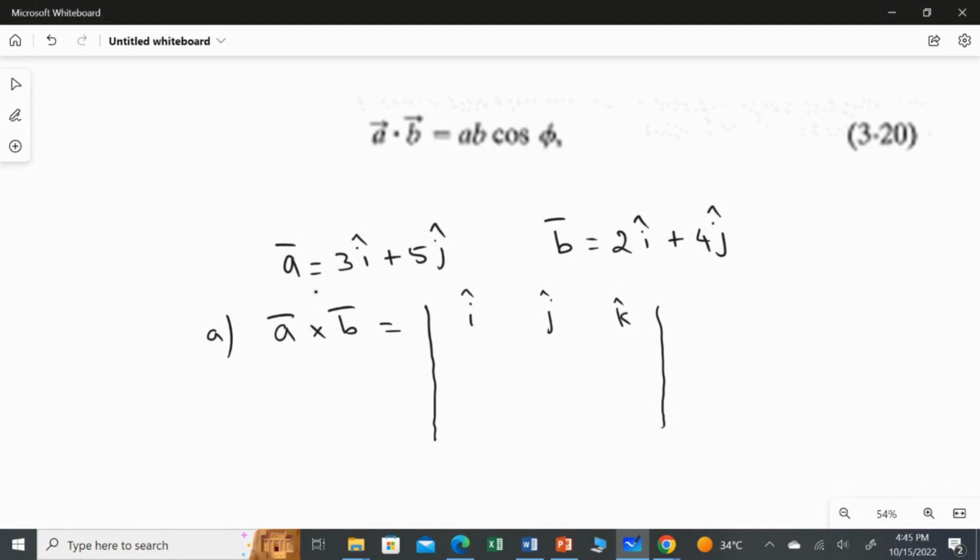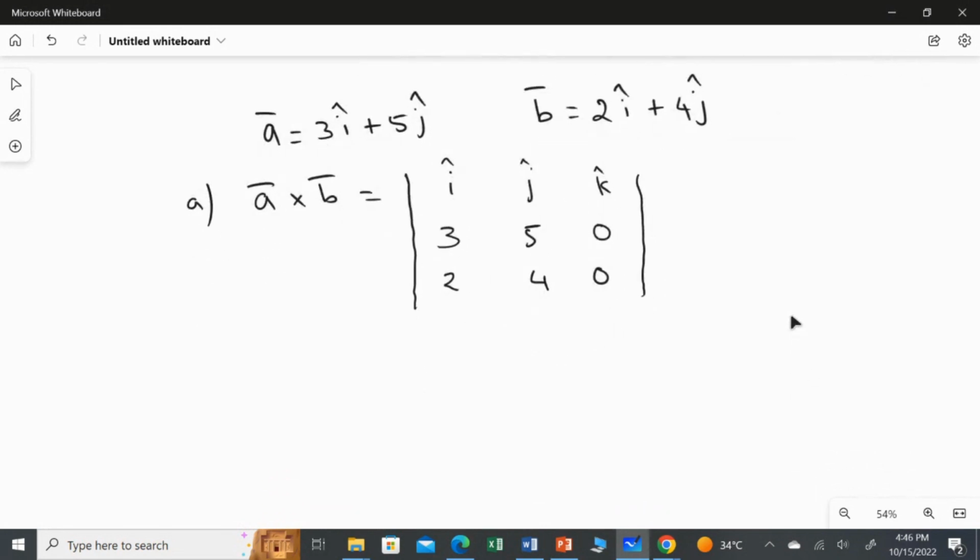What is the A component of i? 3, and A component of j is 5. Is there any k component? It's not there, so we have to put 0. Likewise, B vector i is 2, B vector j is 4, there is no k, so I have to put 0.